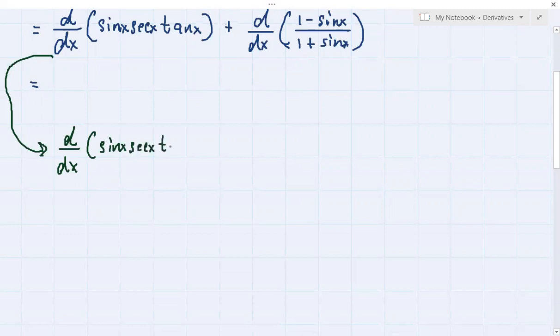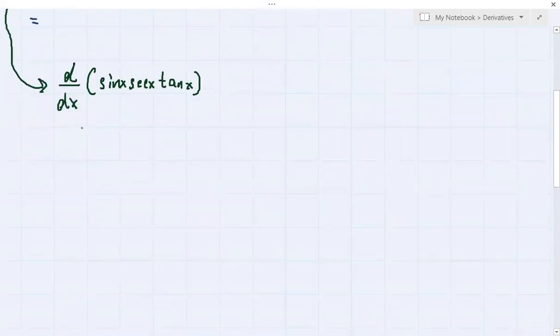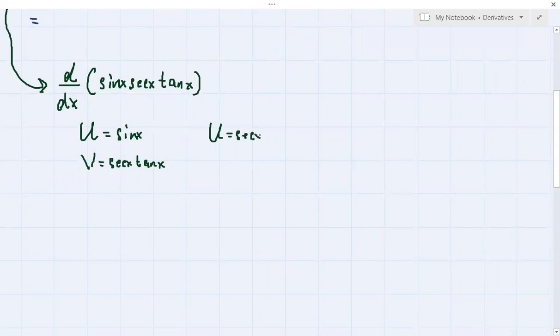First time nyo talaga ito makita. Ang formula mismo ng product rule of differentiation, there are 3 ways. Okay? So, kunwari, pinili mo si U as sin x. Kung ganun, then yung V mo, magiging secant x, tangent x siya. Okay? Next. What if yung U mo, pinili mo si secant x?